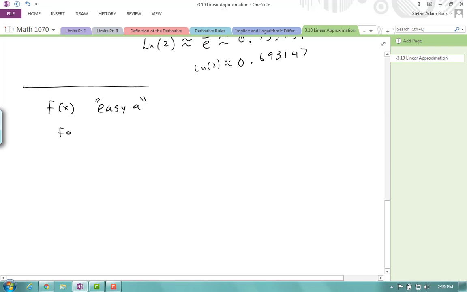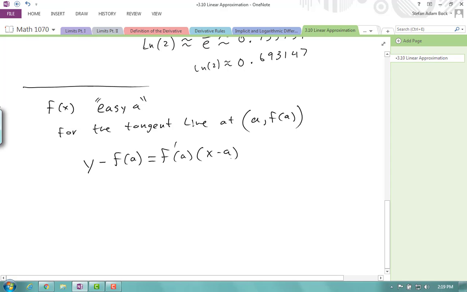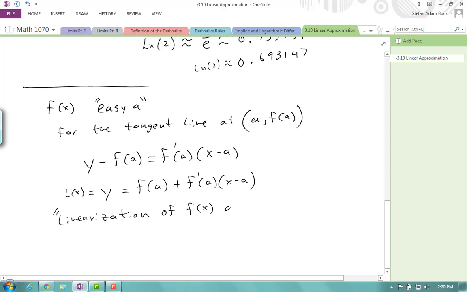So for the tangent line at (a, f of a), I'm going to have y minus f of a equals the slope f prime of a times x minus a, or I'll have f of a plus f prime of a times x minus a. And this tangent line is my linear approximation, which is sometimes called the linearization of f of x at a.